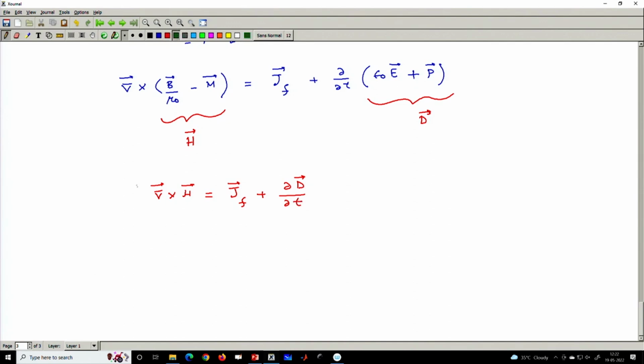So, this is the equation that one should follow.